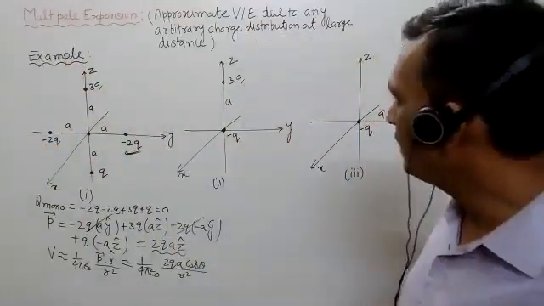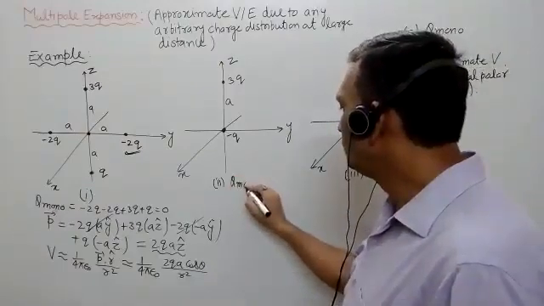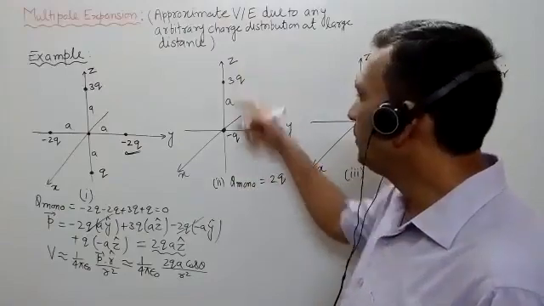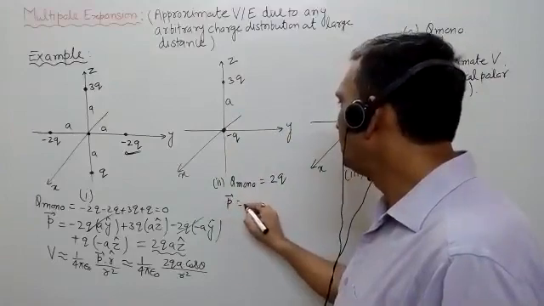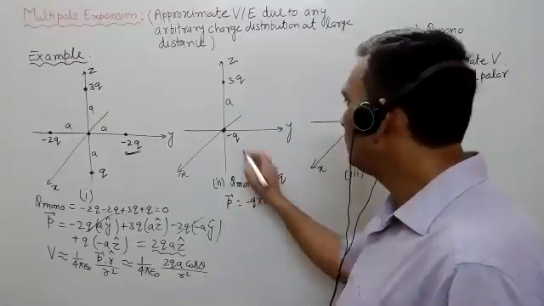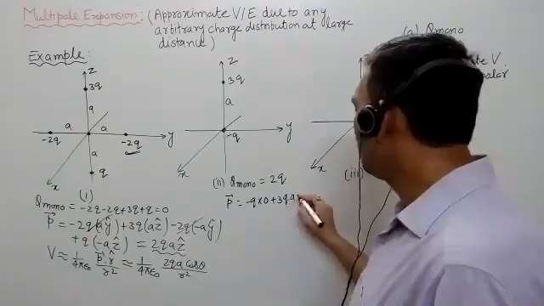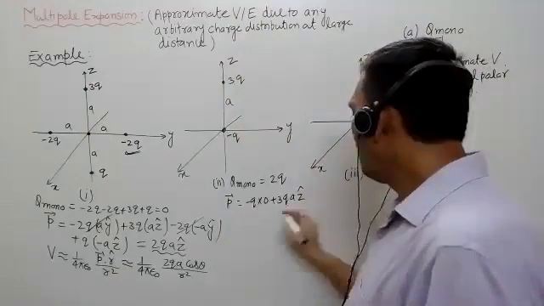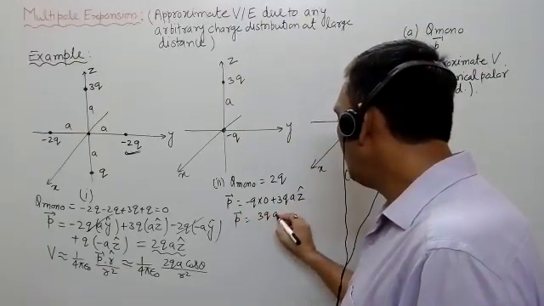Similarly, in the second case, what will be Q mono? 3Q minus Q, this is 2Q. For the dipole moment, minus Q into 0 because this is at the origin, and plus 3Qa z cap. So dipole moment P is 3Qa z cap.